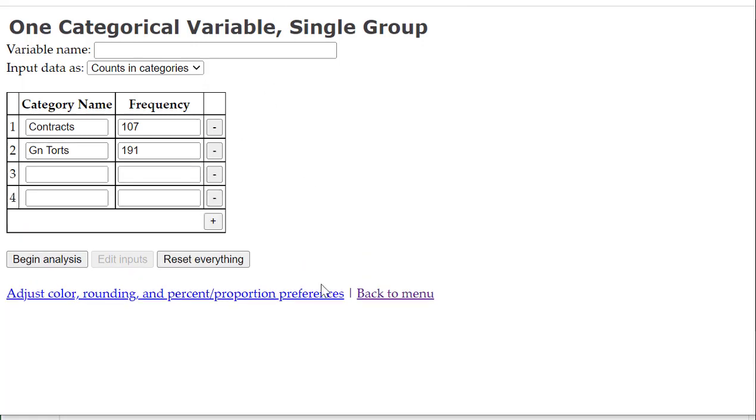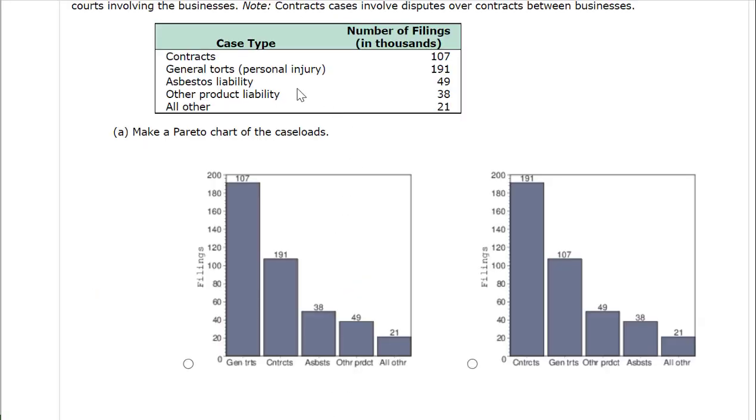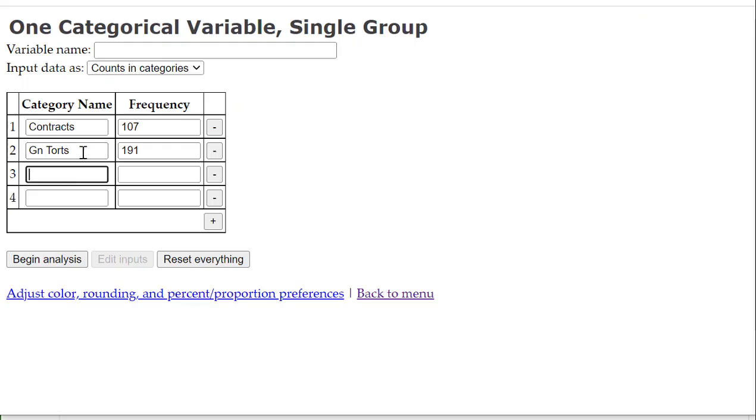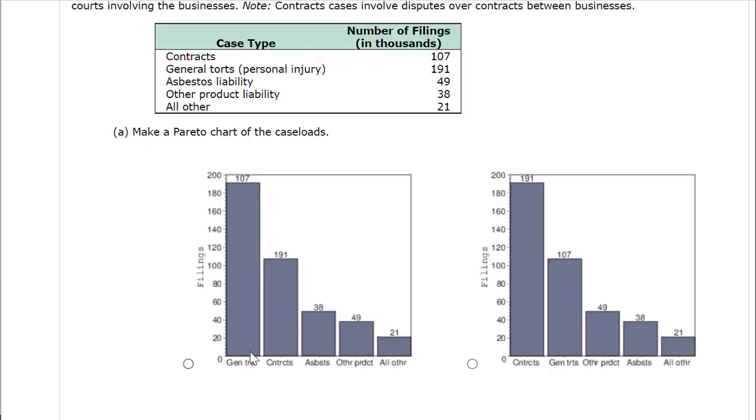And let's see what's our other data we had to put in. Asbestos, 49, other is 38, and then there's one more besides other, which is interesting. All other. All right. So it's other product liability.